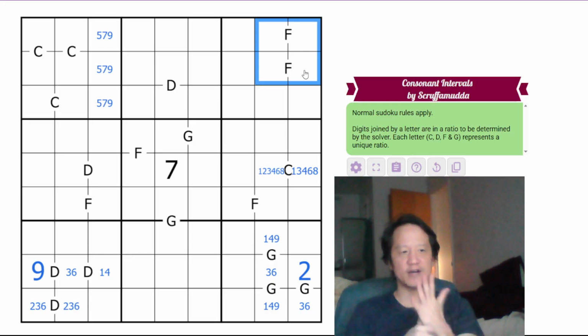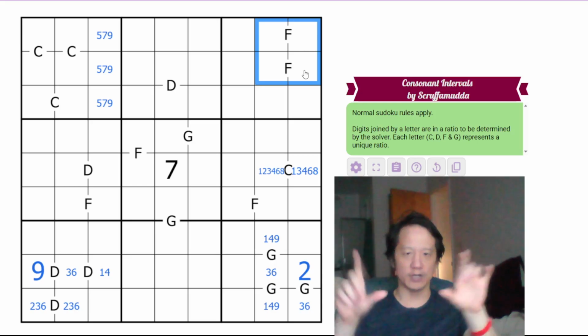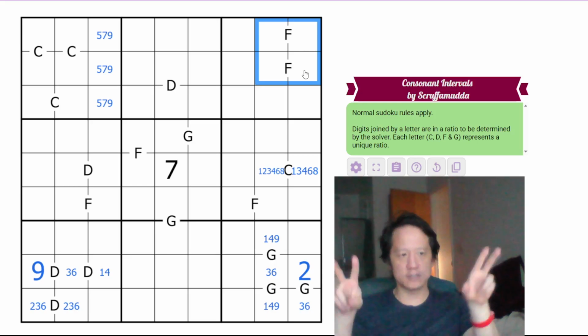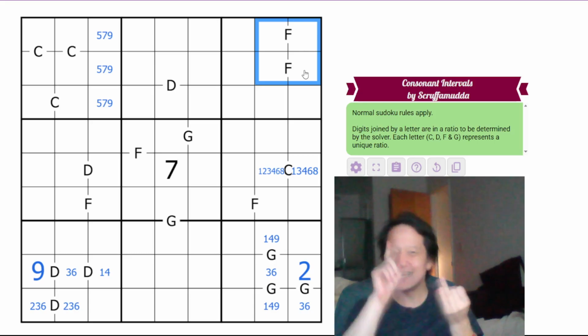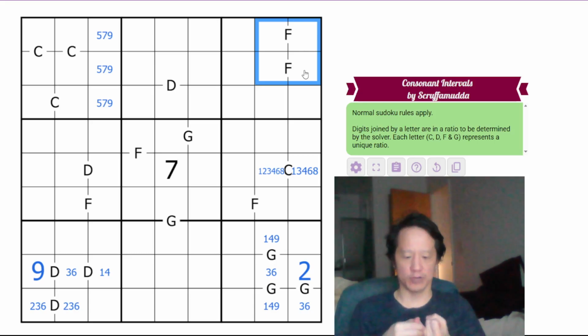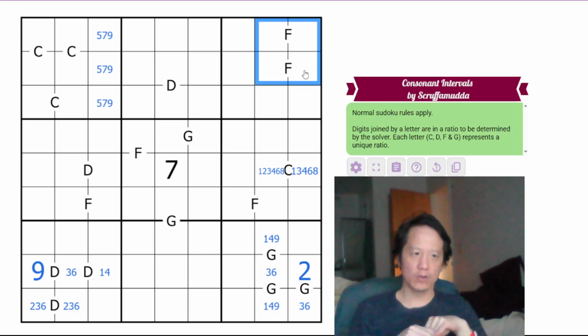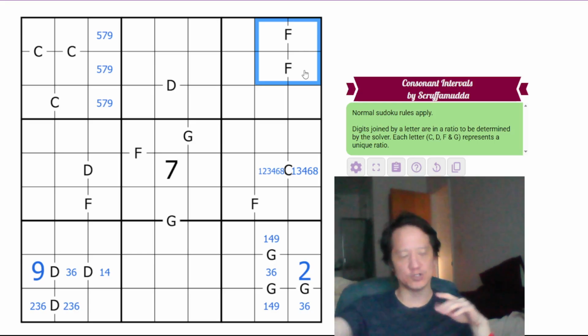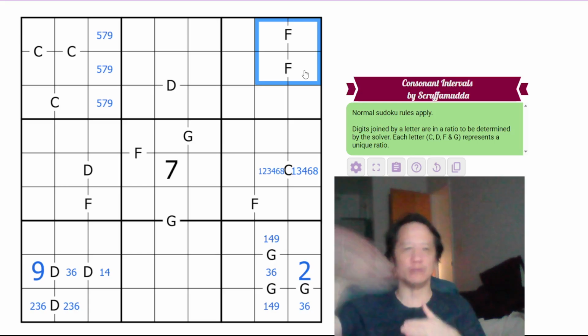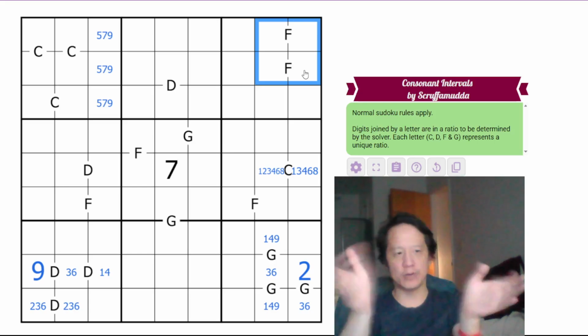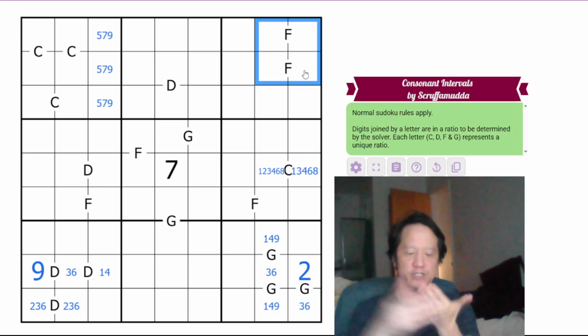Once you have 1 to 5, the only other possible combination that has two sets would be 1, 5, and 2, 10, which is obviously not going to work because 10 is not a digit. So anything above 5 just doesn't work because you always will double the parts of the ratio. And 5 doubled is 10, so that's never going to work. So the ratios have to be from 1 through 4.